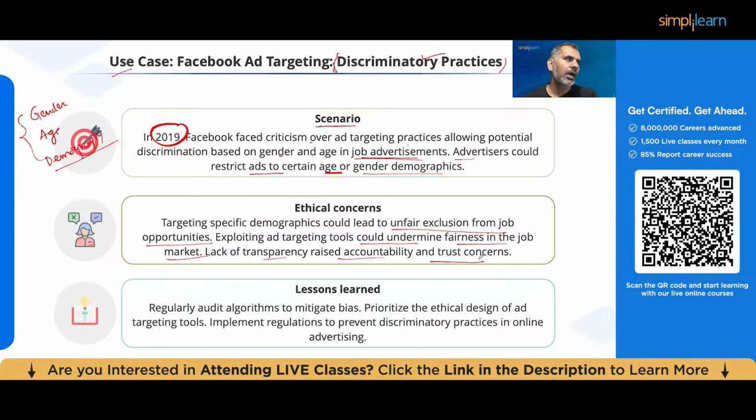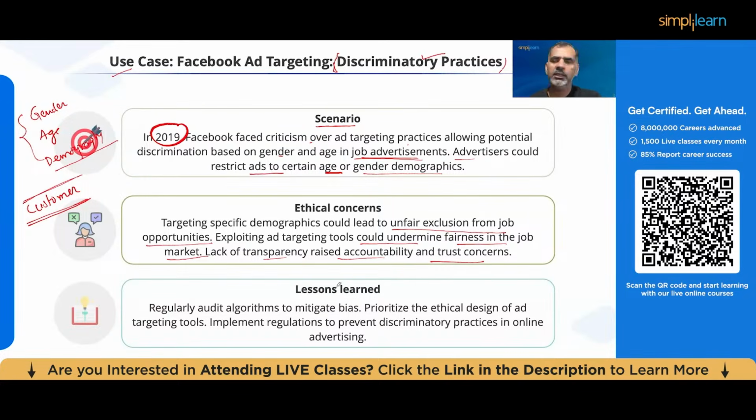Your end user, who is the customer, will not be happy because sometimes you feel that you have been discriminated against by the platform. That particular ad was not shown to you, and in such cases, you may lose trust with the customer, and you may lose the customer as well, guys. So that is the ethical concern.